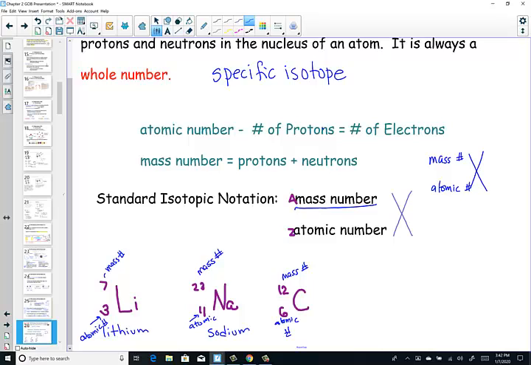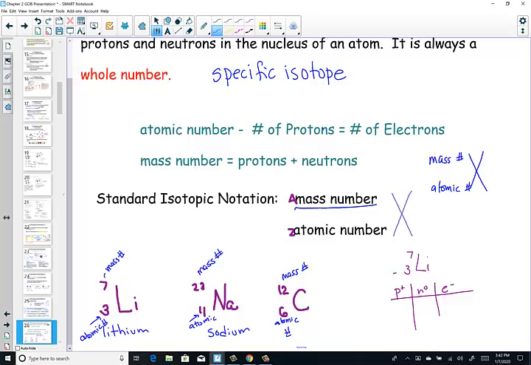Now, what kind of information can we gather from that? Notice that, let's just take this lithium 7/3. How many protons, how many neutrons, and how many electrons in that standard notation? We know all 3 of those components from those 2 numbers.